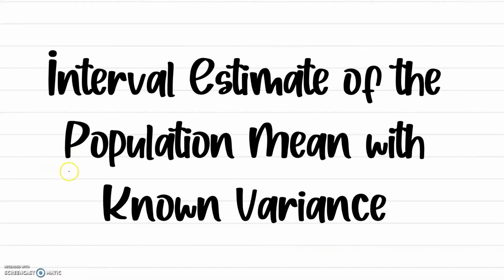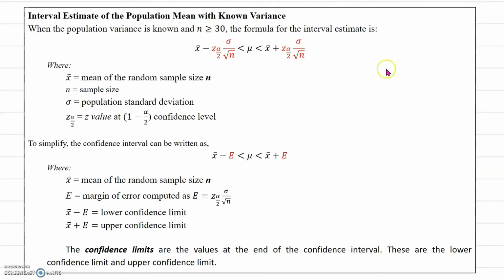Now let's have the interval estimate of the population mean with known variance. When the population variance is known and n is greater than or equal to 30, the formula for the interval estimate is this one.